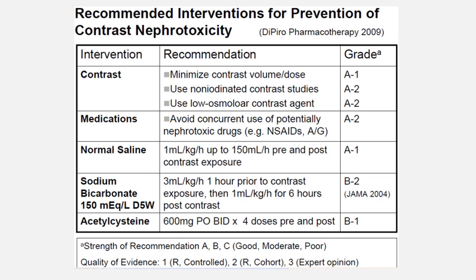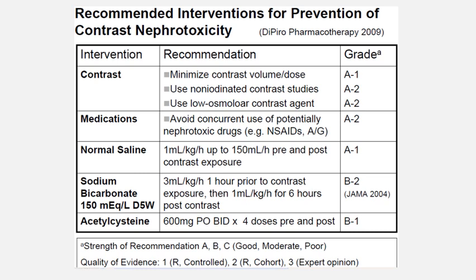In other situations, the administration of acetylcysteine in the dose of 600 milligram orally 2 times a day, given 4 days before and 4 days after the administration of the contrast media, has been found very effective in decreasing contrast media-induced nephrotoxicity.